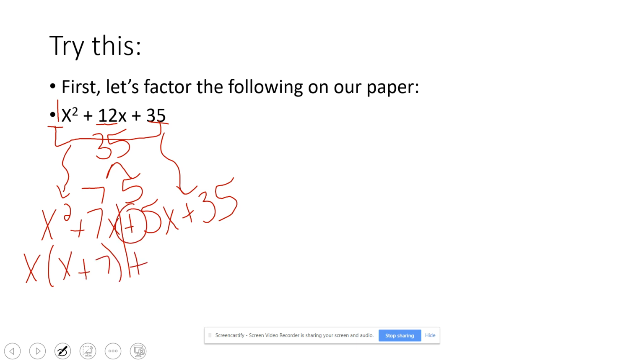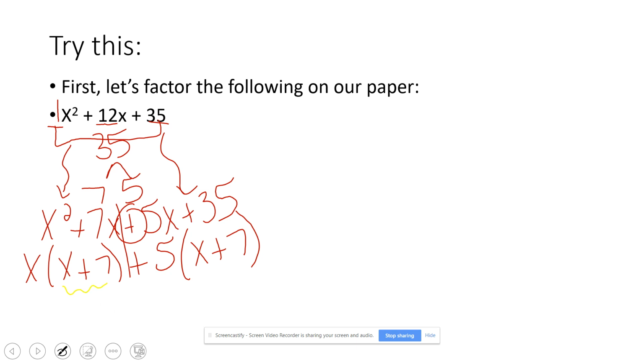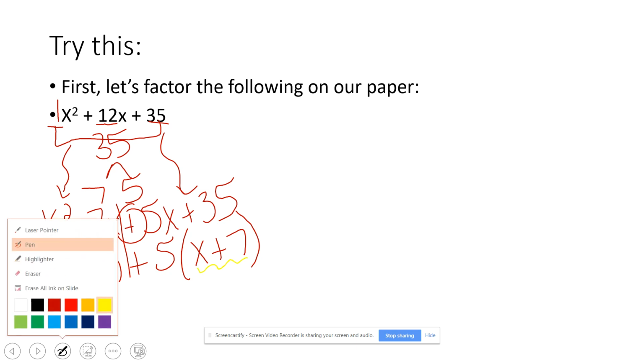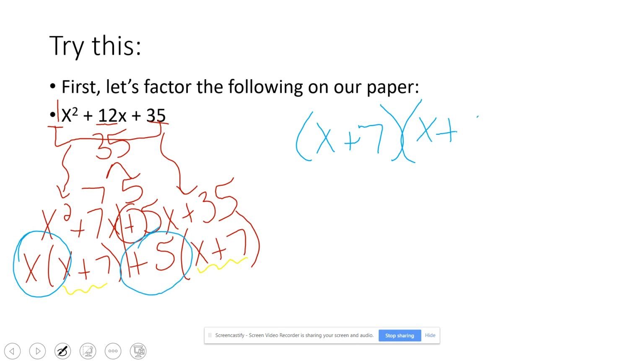The next section starts with our addition sign, and our common factor between 5 and 35 is 5, also leaving us with x plus 7. So the x plus 7s being exactly the same in those parentheses means I've done my factoring correctly. And that's one of my answers. And the other answer is the greatest common factors that we pulled out, x plus 5.